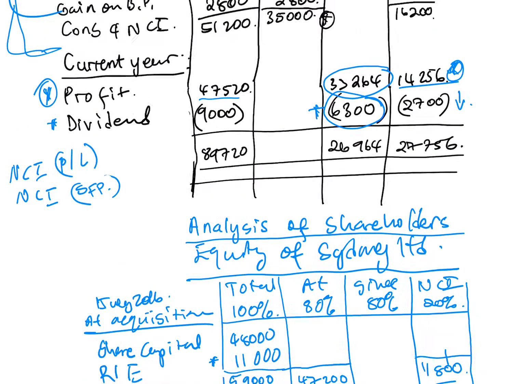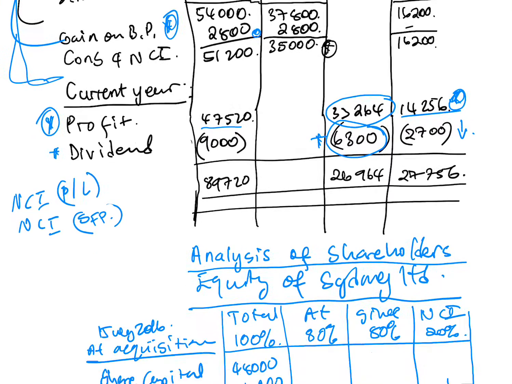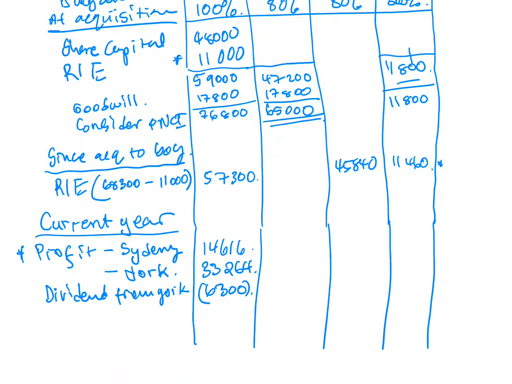That's another profit. This one, again on bargain purchase, 2,800. Remember, this 2,800, we don't own 100% of this organization, so we are going to come and share it again.